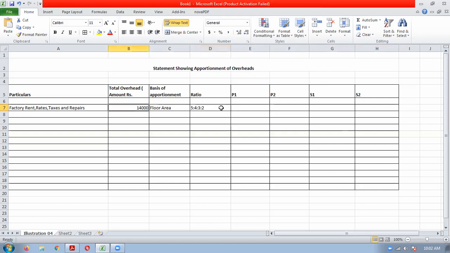So 14,000 divided by 14 into 5 will come in the first column. How much is it? 5,000. Correct. 5,000, 4,000, 3,000 and 2,000. So likewise, we have divided the 14,000 into different departments: product 1, product 2, service 1, service 2. Clear this part first, everybody?